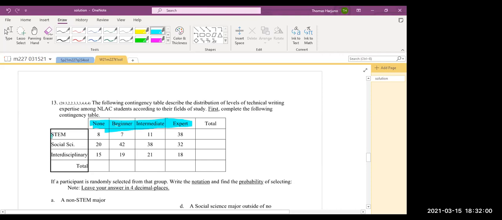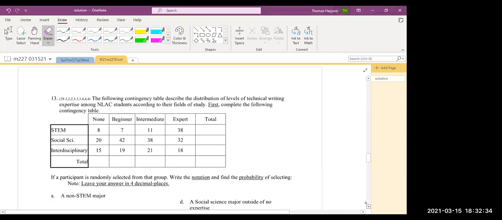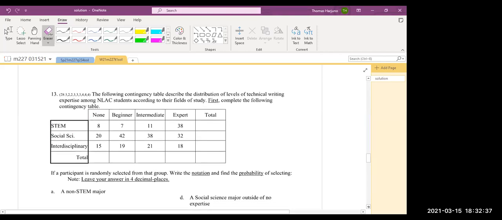Another grouping is what major they are in, and there are more than 2 majors here. If we try to do a Venn diagram with this, notice that a Venn diagram can only do STEM or not STEM, expert or not expert. So that's the weakness of the Venn diagram. Even though there's a way to massage that, it's on the harder side. Eventually it will just come out as a contingency table.